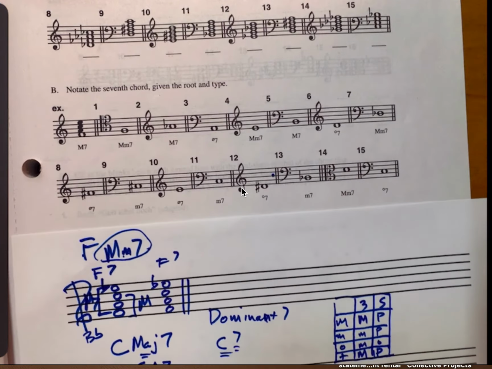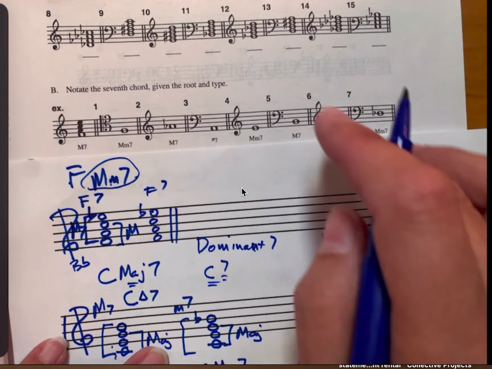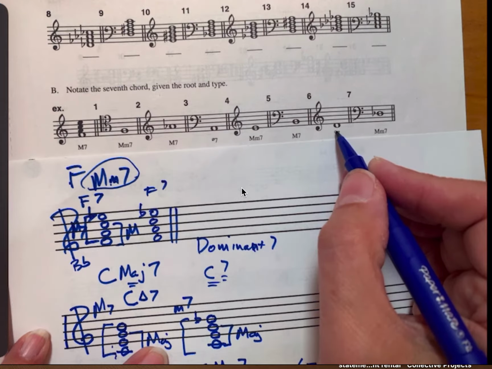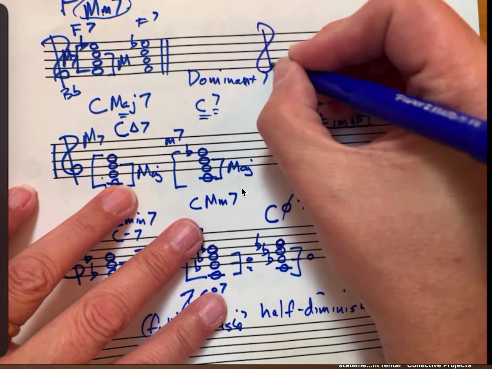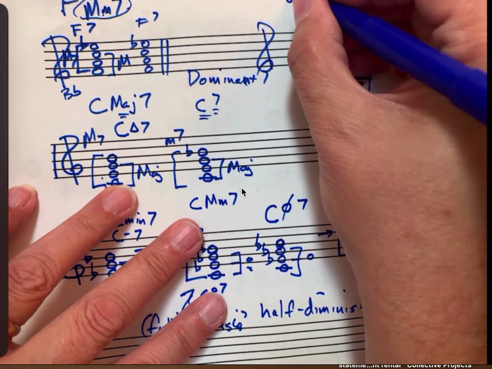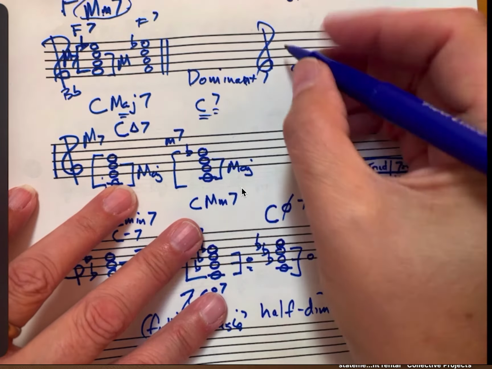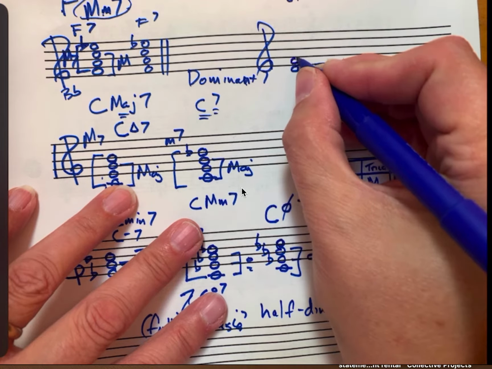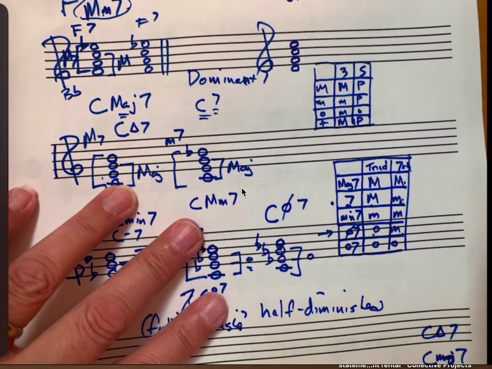I'm going to do one more. Let's do, I'm going to do a diminished one. So here's diminished 7 on D. So treble clef, we got a D, and it's asking for a diminished 7. First step, we have the root, 3rd, 5th, 7th.